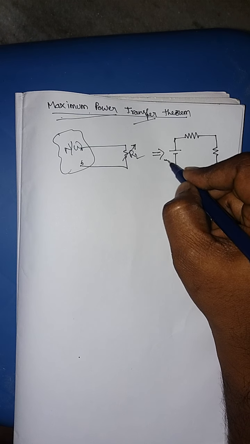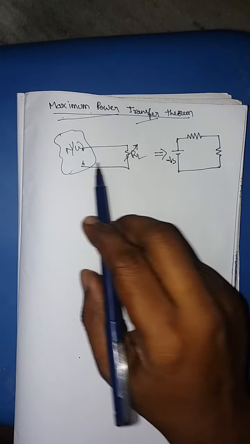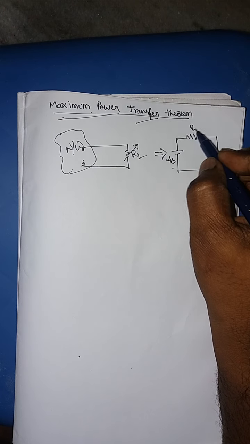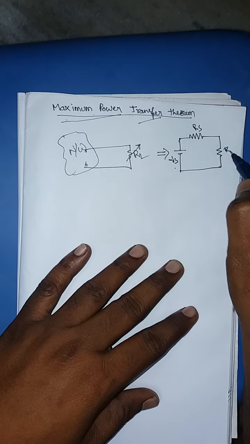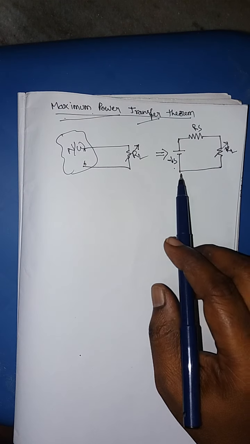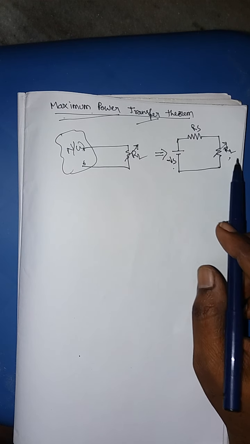Here, this is the source voltage, that is Thevenin's voltage is the source voltage, Thevenin's resistance is the source resistance, and the load resistance is RL as usual. Now the maximum power is transferred from Vs to RL when RL is equal to Rs.